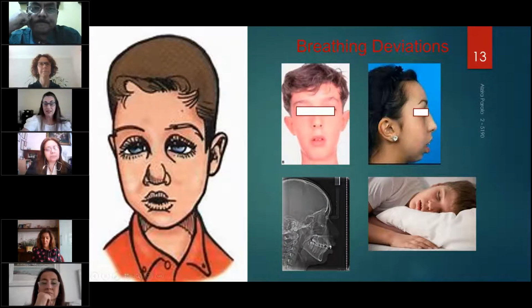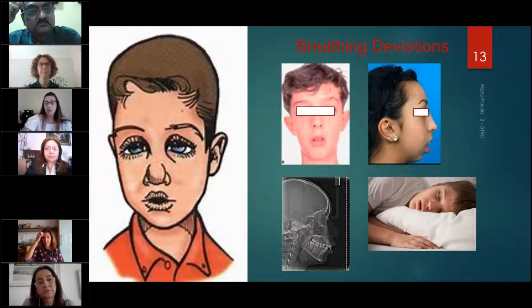Nasal angle, ocular, nasal, mouth asymmetry, like this one. High arched palate, anomalous palate, intranasal growth. Sleep disorders, like you see that. Child growth and development compromised.